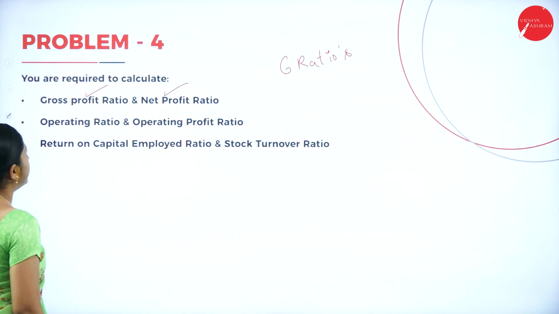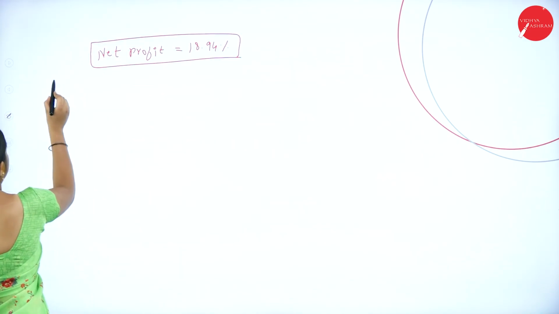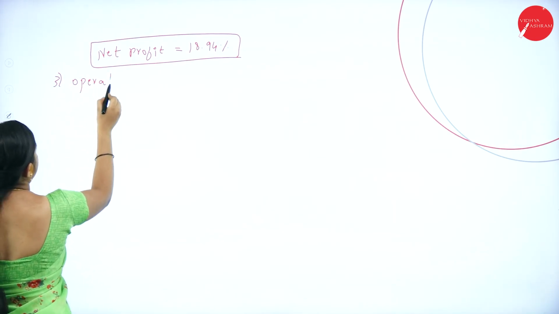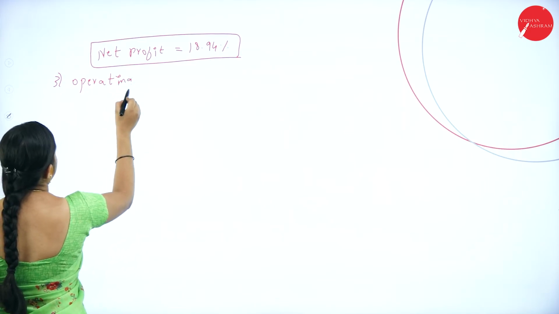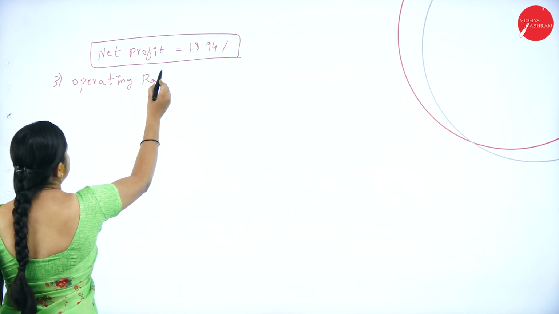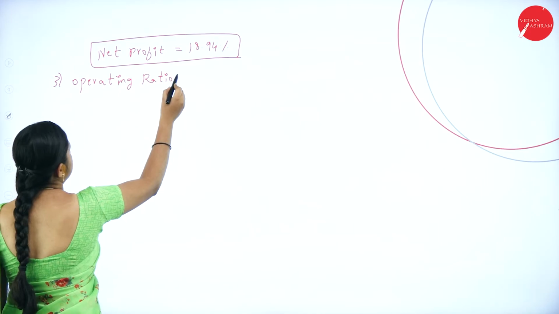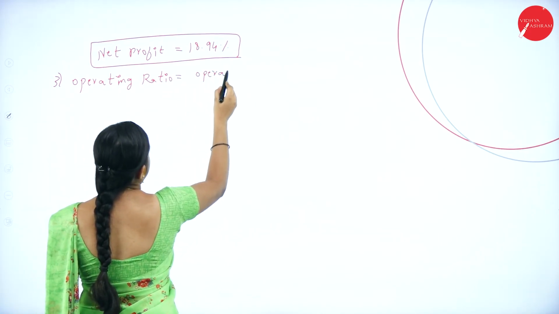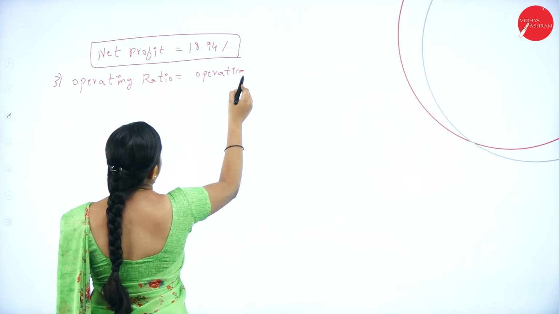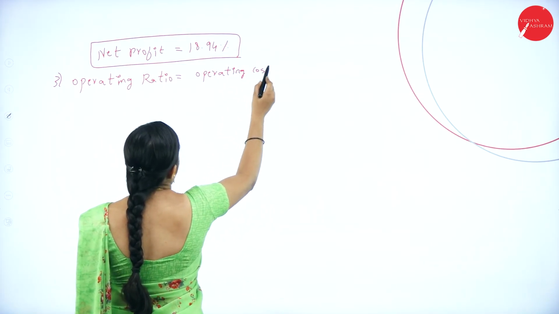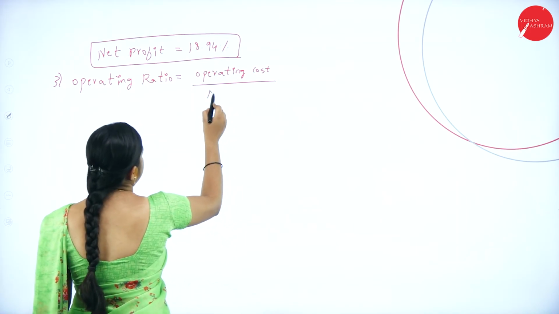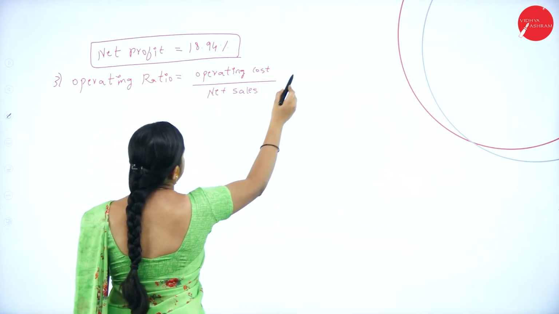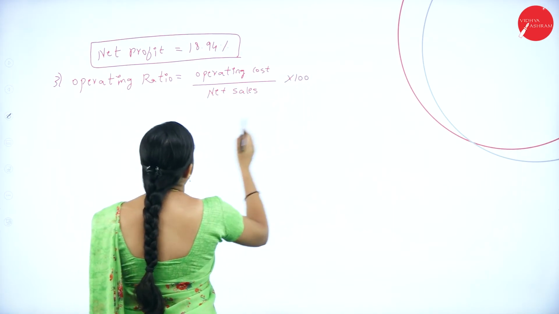Next, operating ratio. Operating ratio is equal to operating cost divided by net sales into 100.